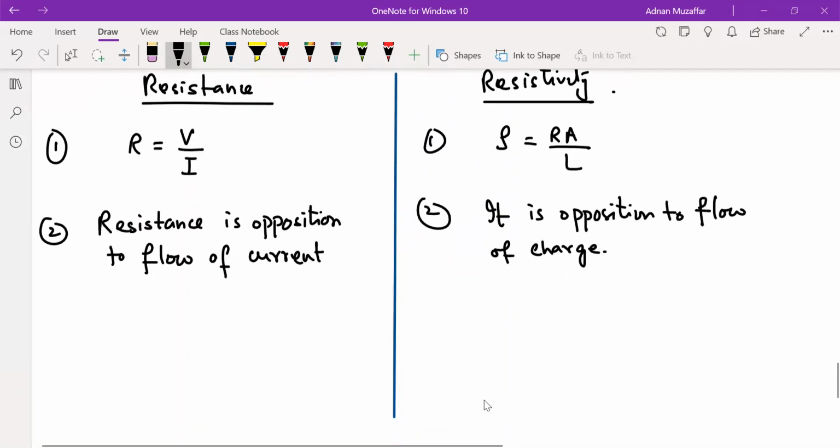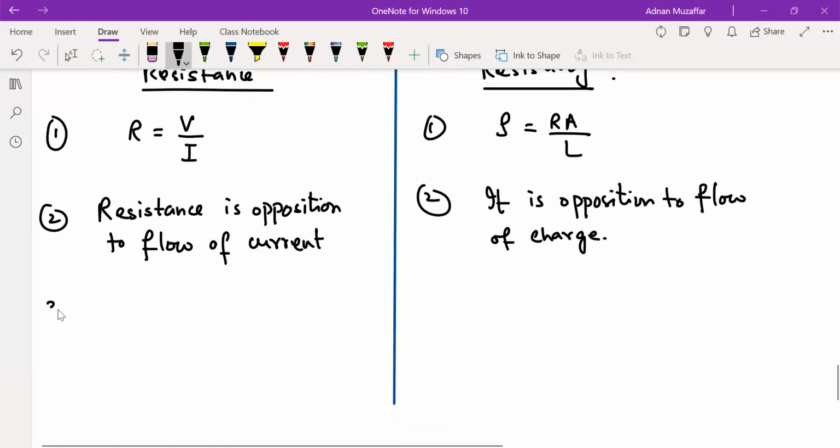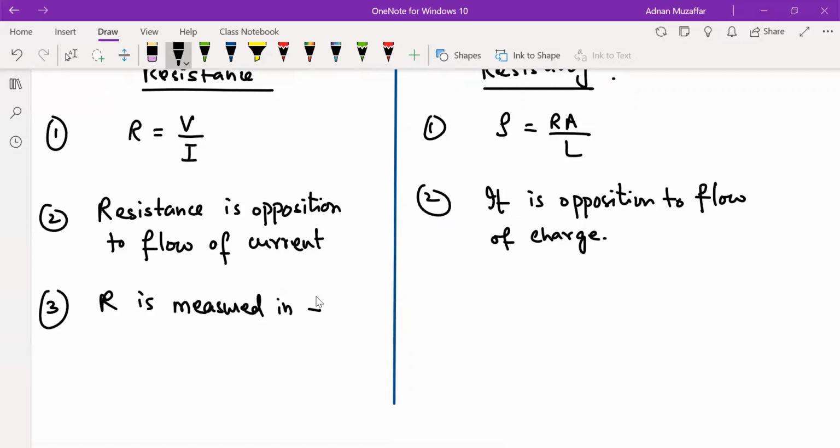Okay, then as you mentioned, R is measured in ohms. But here rho is measured in ohm meter.